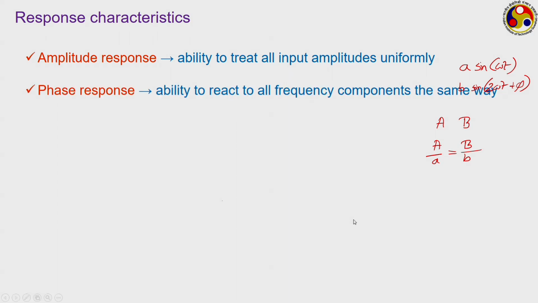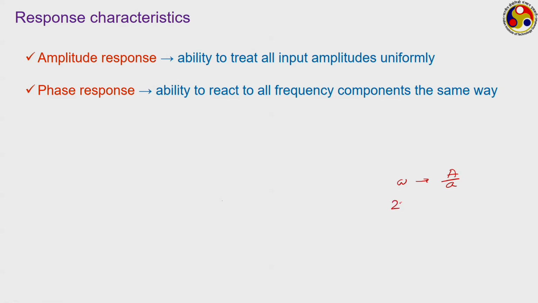The next one in line is the phase response. It refers to the ability of the device to react to all frequency components the same way, and that means, in the example that I have just erased, for the first signal our frequency was omega and it showed a ratio of capital A upon small a.